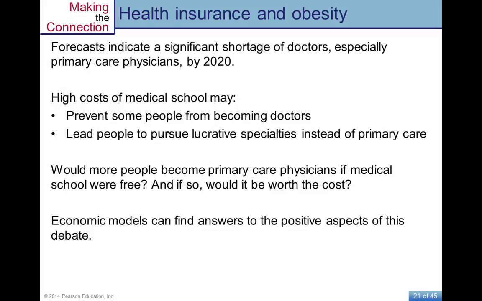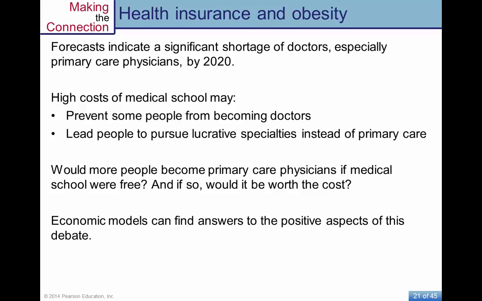Health insurance and obesity. Forecasts indicate a significant shortage of doctors, especially primary care physicians, by 2020. High costs of medical school may prevent some people from becoming doctors, or may lead people to pursue lucrative specialties instead of primary care.